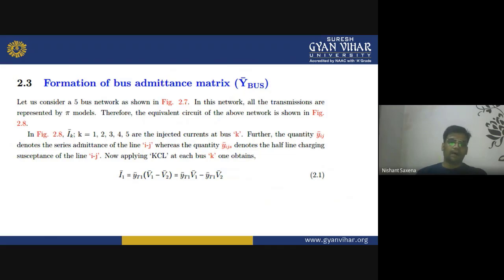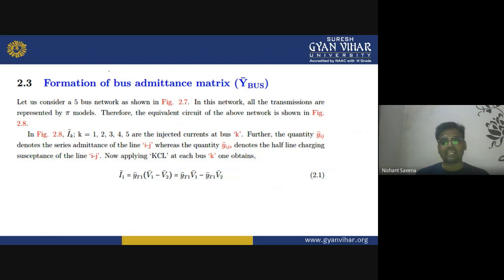Now, in this figure, let Ik for k equal to 1, 2, 3, 4, 5 be the injected currents at the bus K. At each of the 5 buses, we are injecting currents. Further, the quantity Yij denotes the series admittance of the line ij, whereas the quantity Yijs denotes the half line charging susceptance of the line ij.